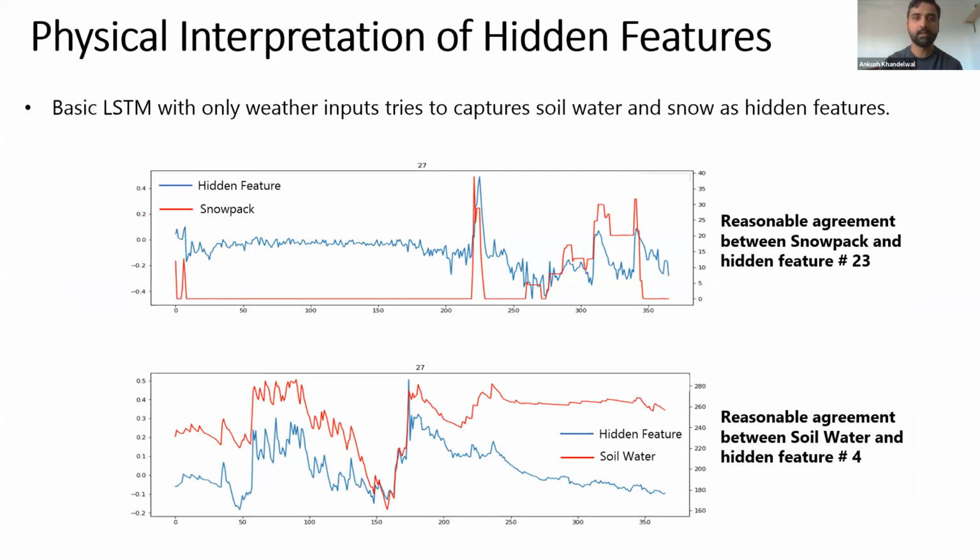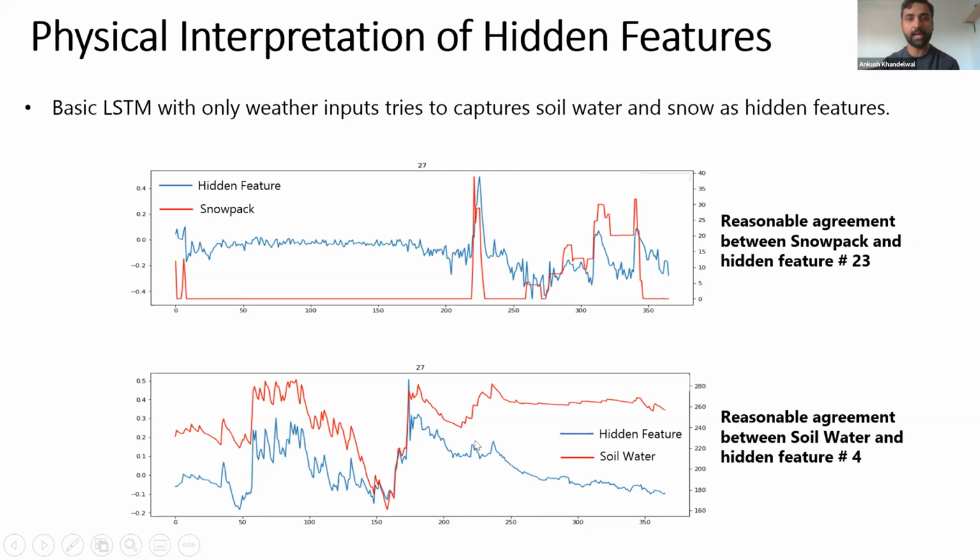In this case, you can see the top figure is comparing hidden feature number 23 with snowpack. And you can see that it has a reasonable agreement with snowpack, which is very interesting, because even with no information about snowpack, a hidden feature is trying to emulate snowpack, which is a very promising sign from a machine learning perspective.